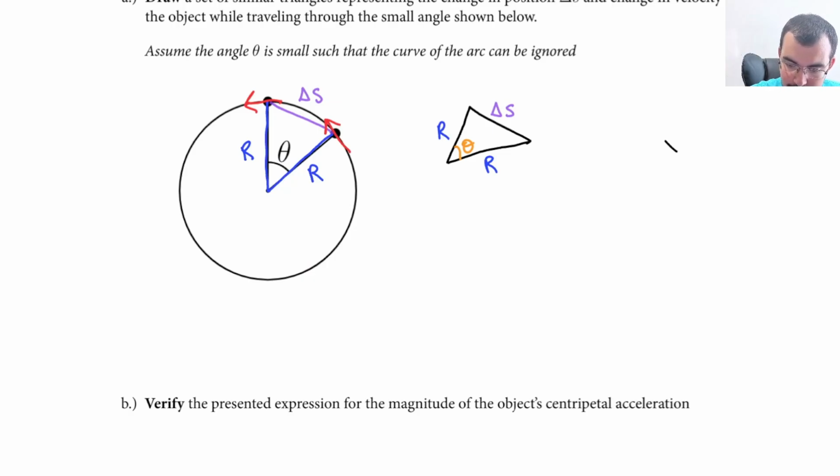We know it is constant speed, so I could get a velocity vector of length v. Let's stack them. Then it's going to rotate a little bit. I should make them the same length. And then my change in velocity would be this remaining side of the triangle.